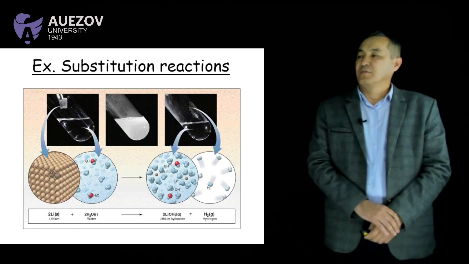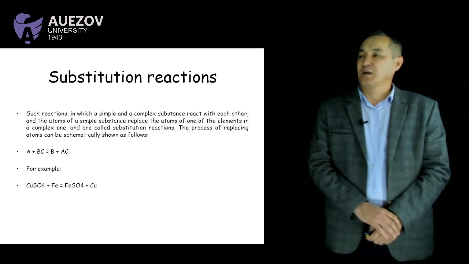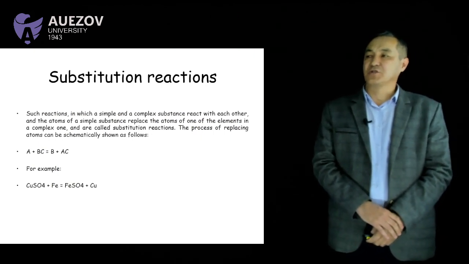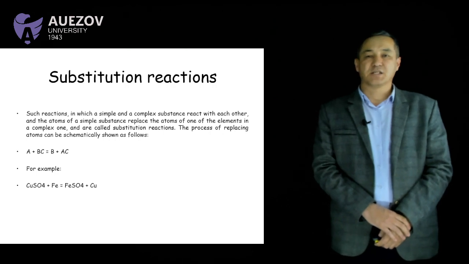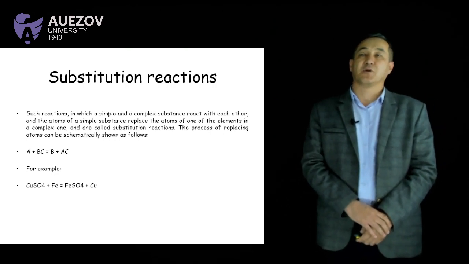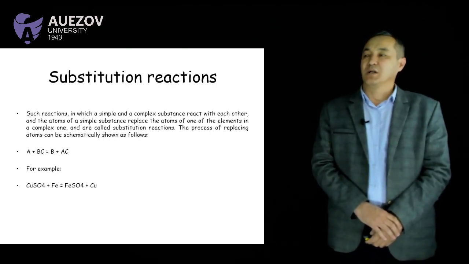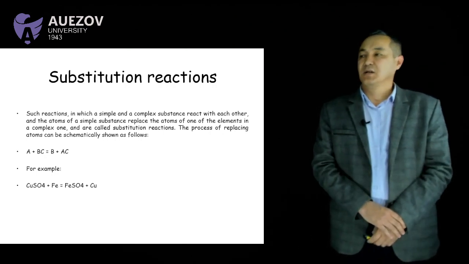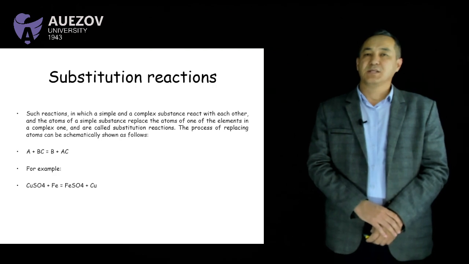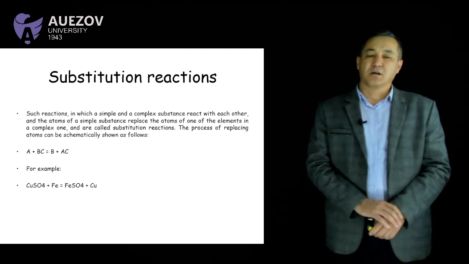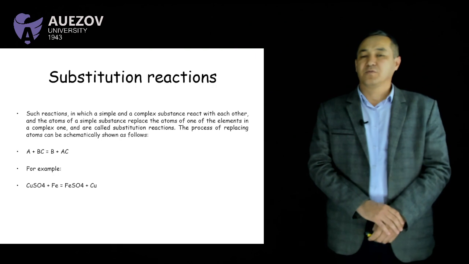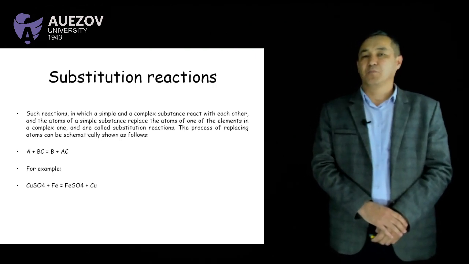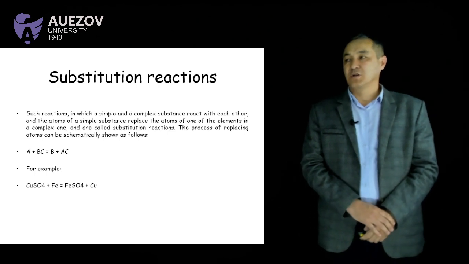So this type of chemical reaction is substitution reaction. Substitution reaction can proceed between complex substances. In this type of reaction, we can apply the principle of the law.